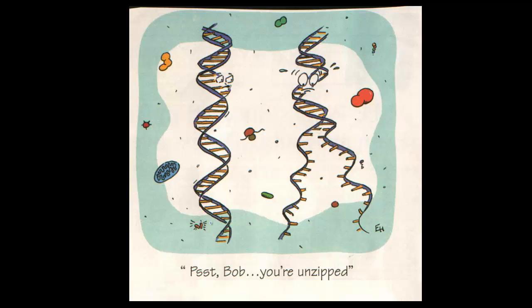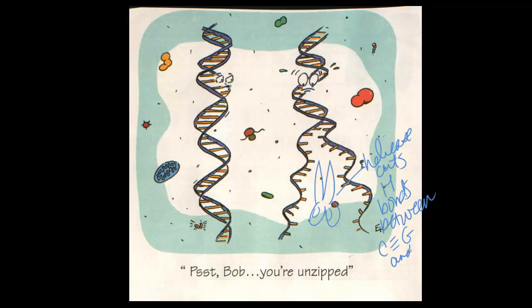See my little cartoon here, and if you were wondering how Bob got unzipped, it's because he was unzipped by helicase, cutting those hydrogen bonds. So it cuts the 3 bonds between G and C and the 2 hydrogen bonds between A and T.